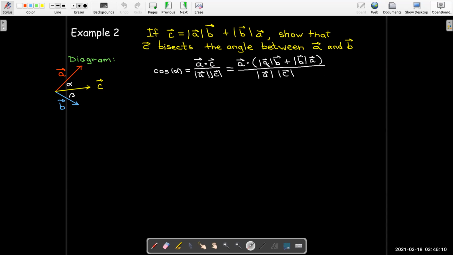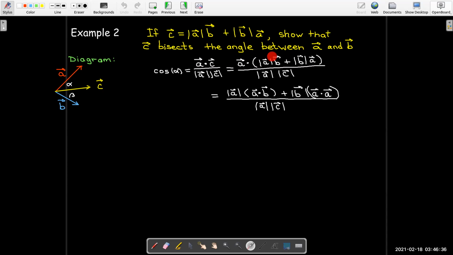And when I do that, I'm going to use the property that I can factor out these scalars. The length of A is a scalar. The length of B is a scalar. I can factor those out in front of the dot product. So I would get the scalar length of A times A dot B, the scalar length of B times A dotted with A.